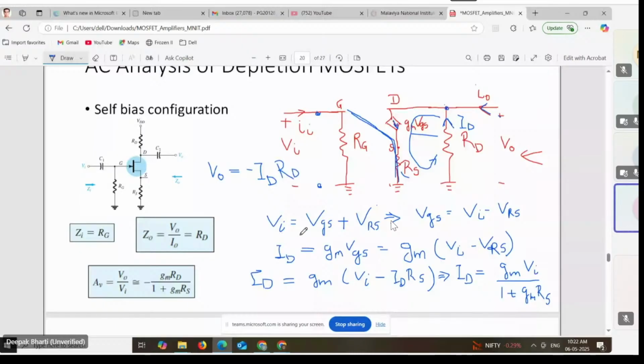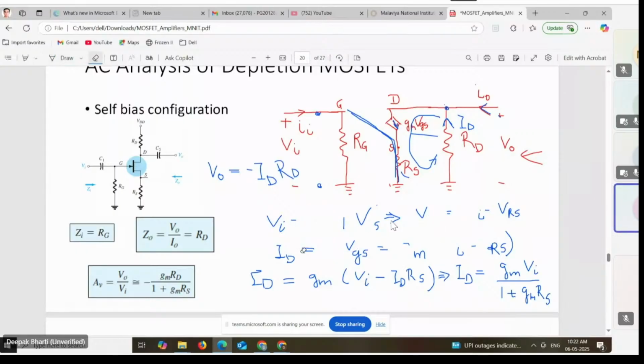Okay. Now let's use this ID we have determined here to get the ratio. So let me rewrite the equations.